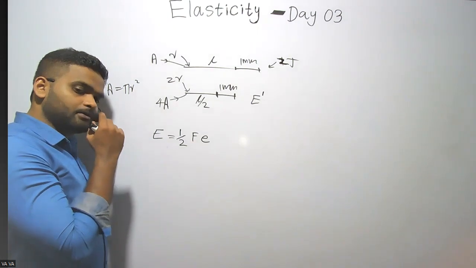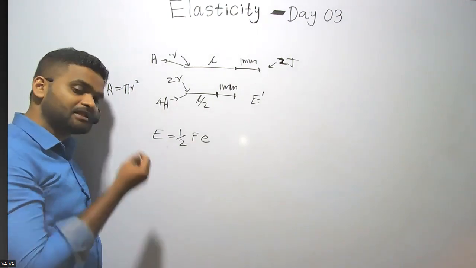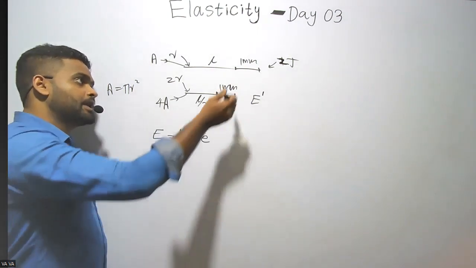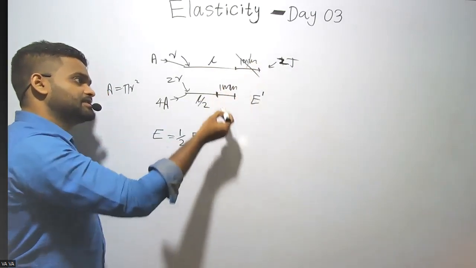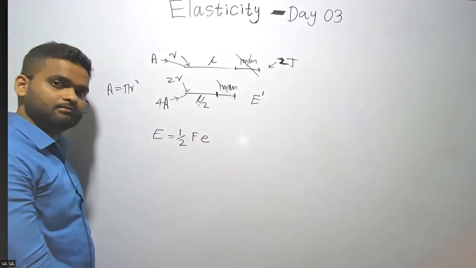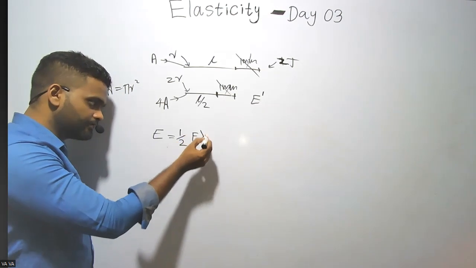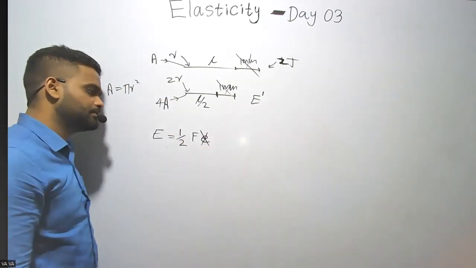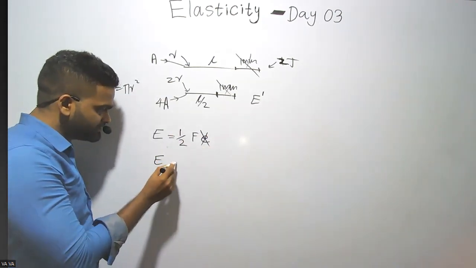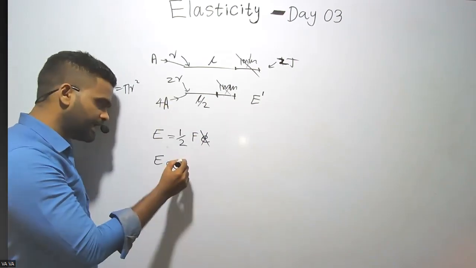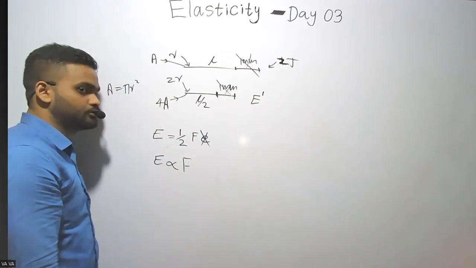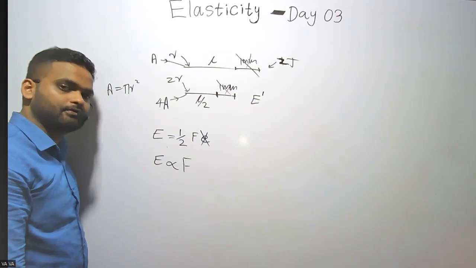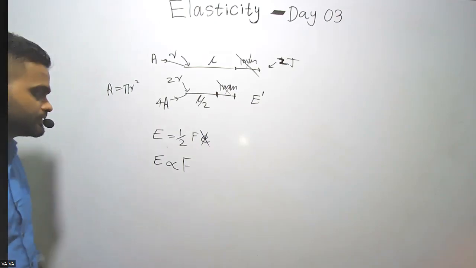So what is constant for both? Here the extension is the same, here the extension is the same. Get rid of the extension. Then the energy is proportional to what? The energy in this case is proportional to capital F, that is the applied force.